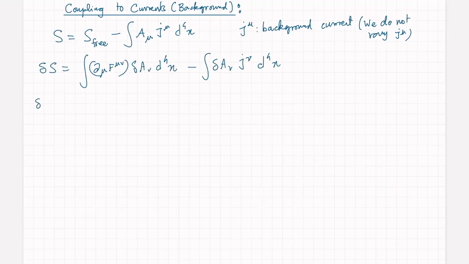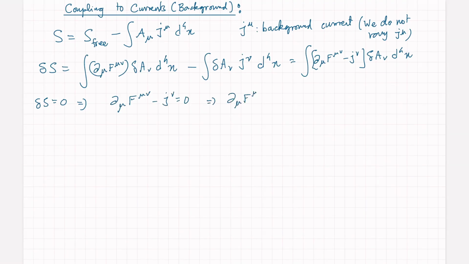And now delta S equals 0 implies, I can club this together, write it as del_mu F^{mu nu} minus J^nu, delta A_nu d^4x. And when I do this, it implies that del_mu F^{mu nu} minus J^nu equals 0, or del_mu F^{mu nu} should equal J^nu, which is my Maxwell's equation, the inhomogeneous one.